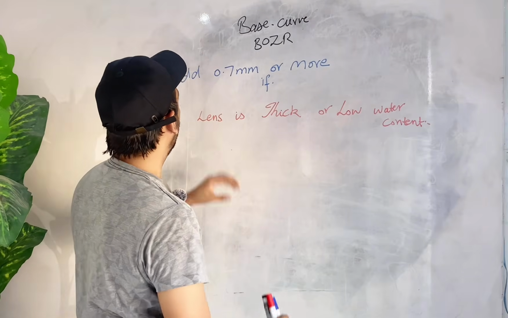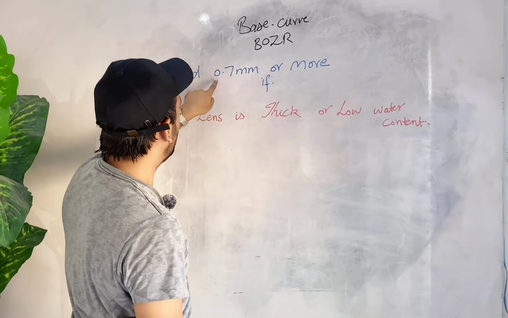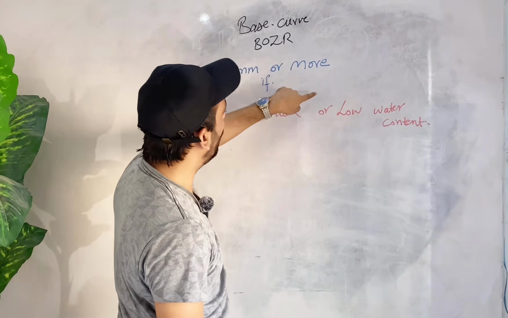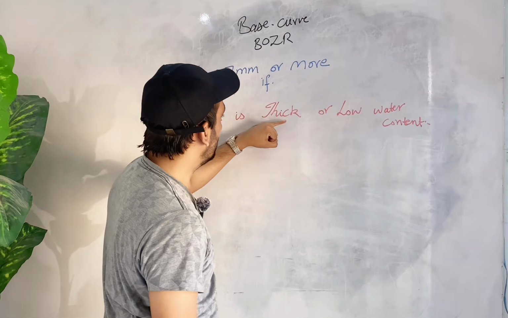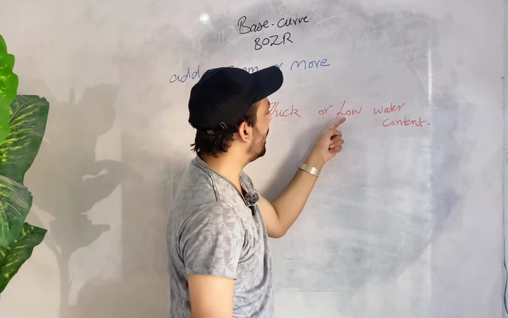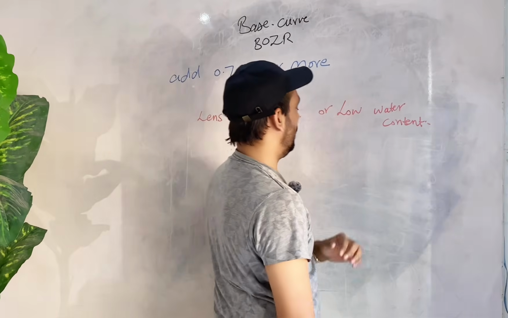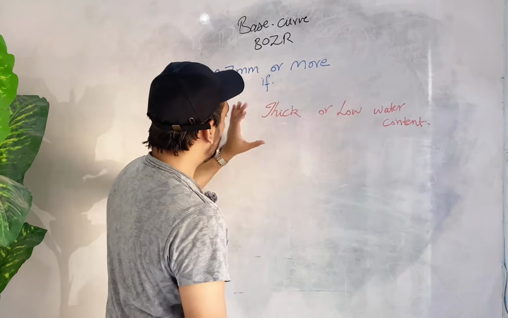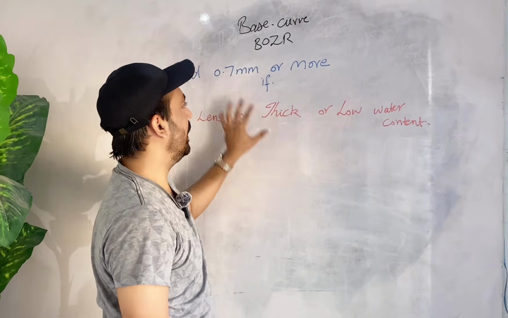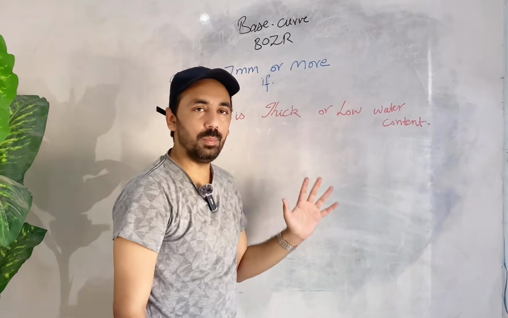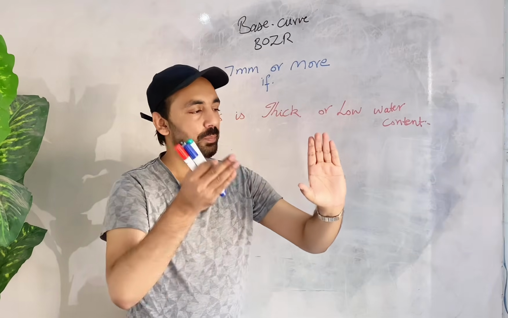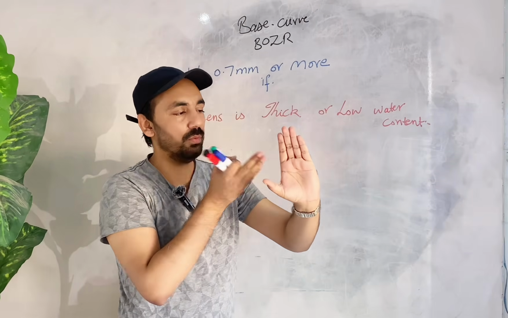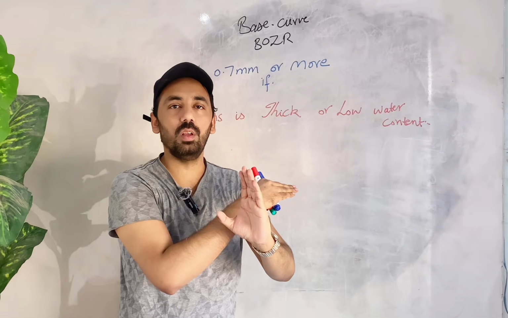For example, the statement is add 0.75 millimeter or more if the lens is thick or if the lens has low water content. In this statement, we are considering the amount of oxygen which is transmitting through the lens and moving towards the cornea, right?